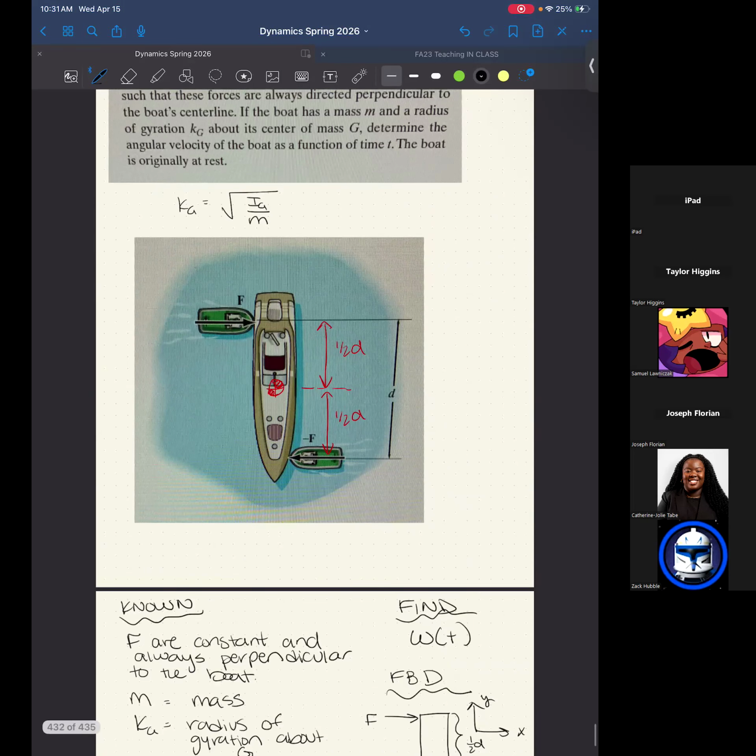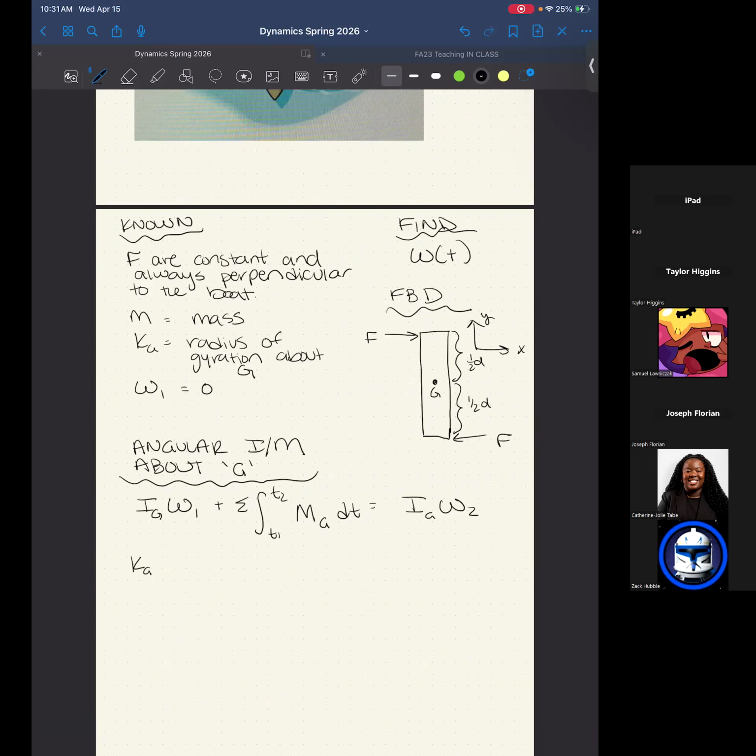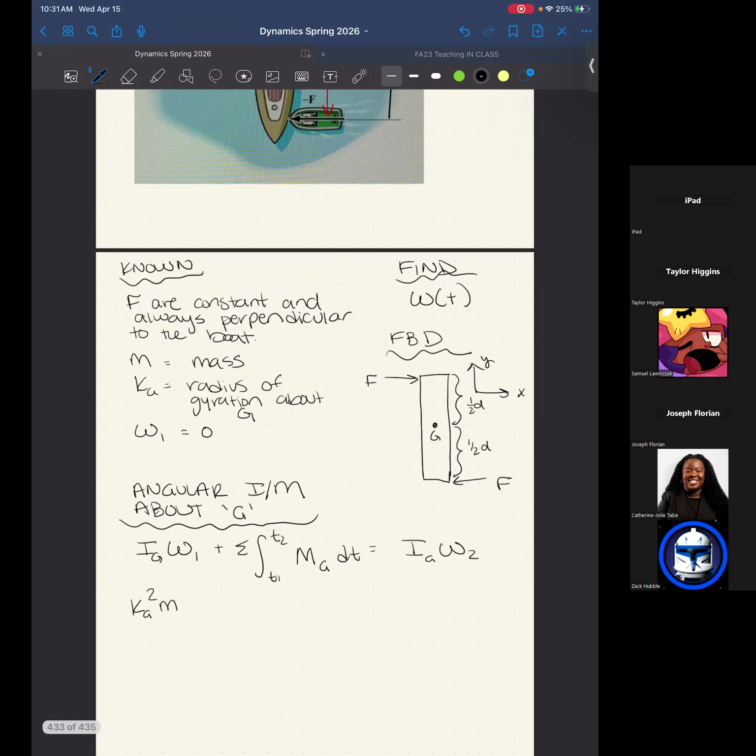IG is just going to be kg squared m. But we start out at omega equals 0, so really that term goes to 0.